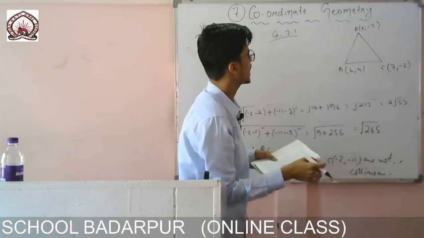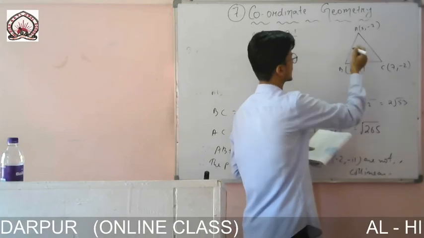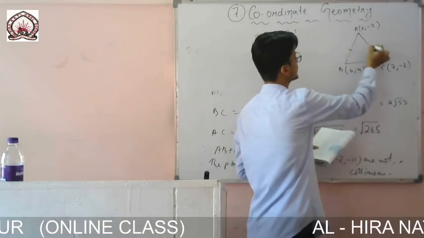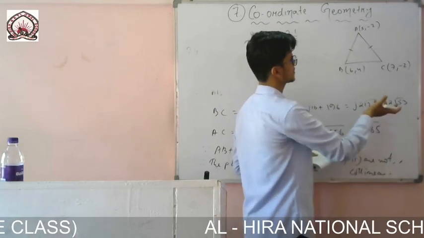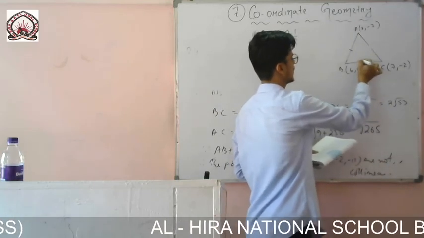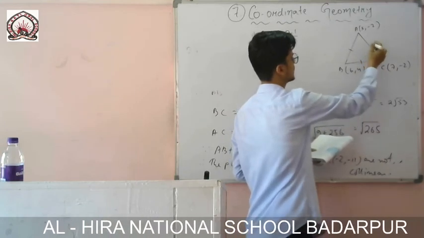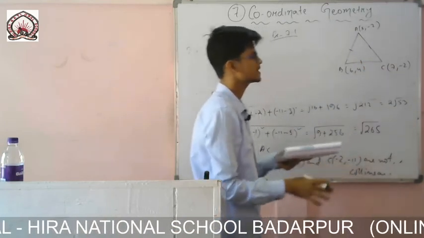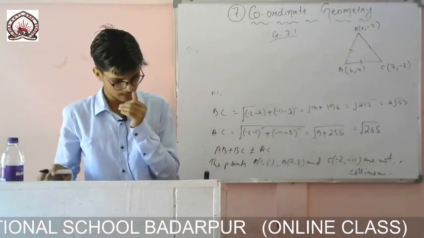Now if I can show that any 2 sides are equal, for example AB equals AC, or AB equals BC, any 2 sides, then I can easily write that yes, it is an isosceles triangle.